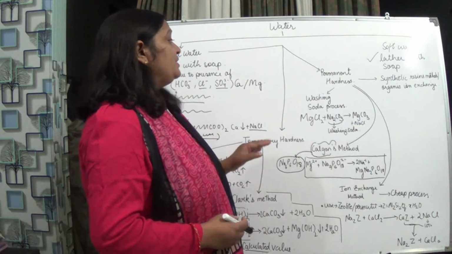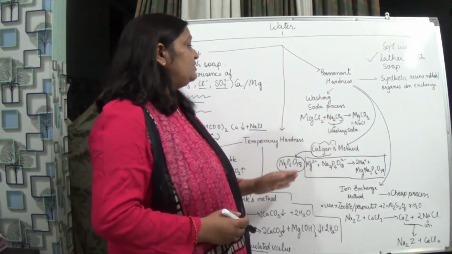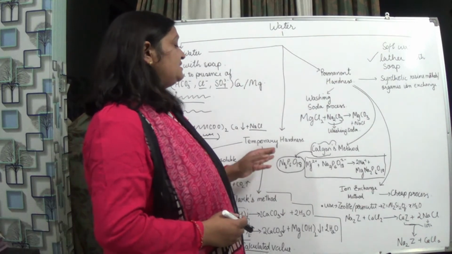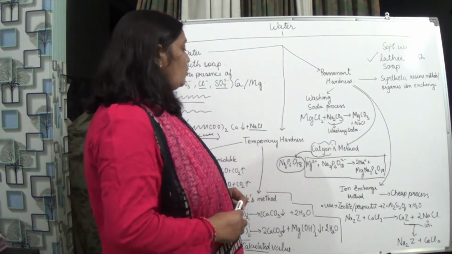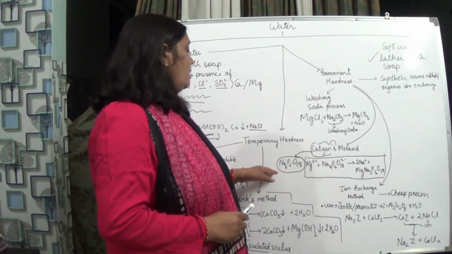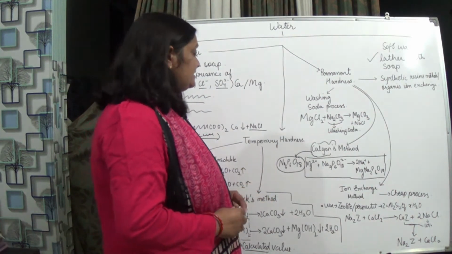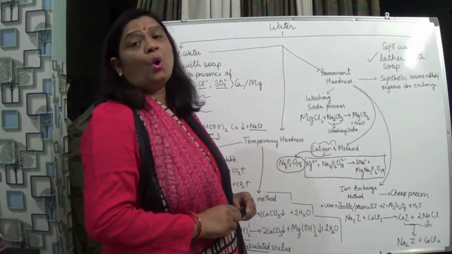The next process by which we can remove permanent hardness is Calgon's method. What is this Calgon? The chemical formula of Calgon is Na6P6O18.